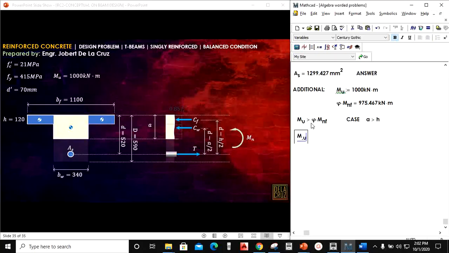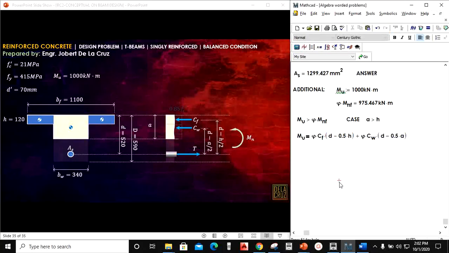So, I will just define, let's say, Mu. Again, Mu here is 1,000, equals to, of course, there should be a reduction factor. So, reduction factor phi times Cf. We will equate Mnf equals to Cf times that one, and that one, and that one, but with a reduction factor. Times the moment arm d minus 0.5 of h, plus, again, the steel reduction factor phi times Cw times d minus 0.5 of a.